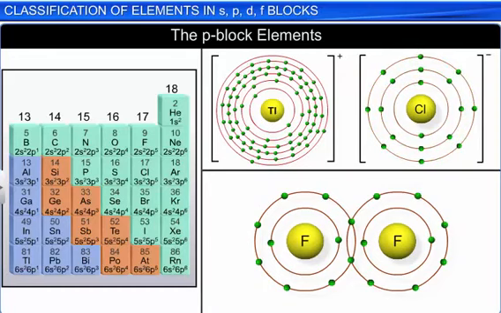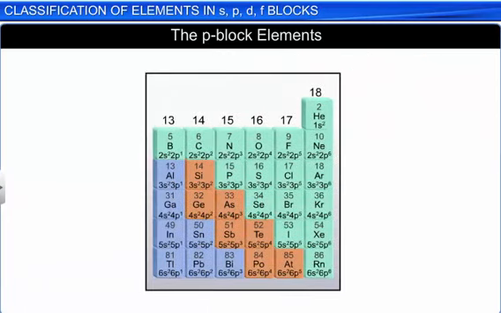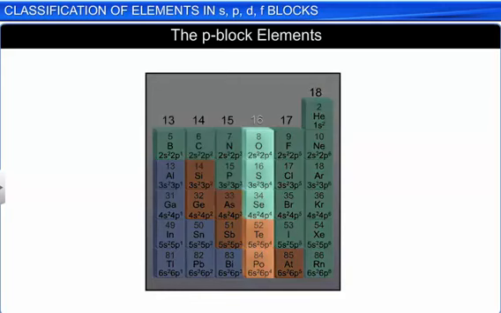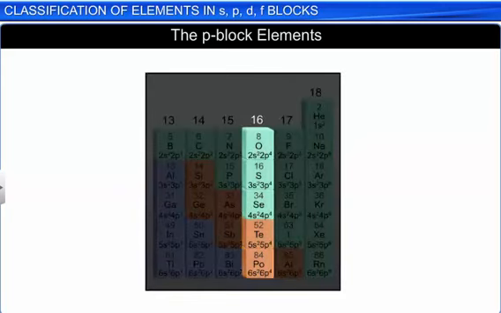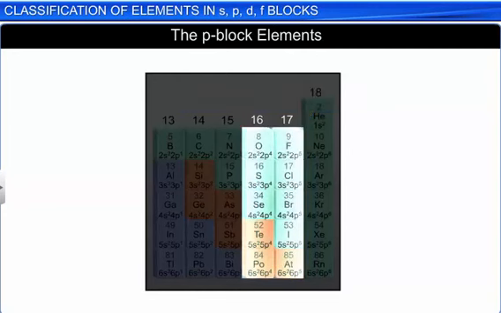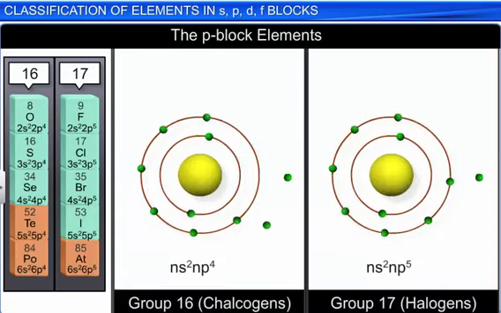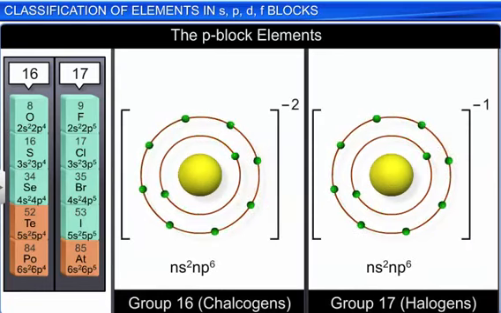Two chemically important groups of p block elements are Group 16, the chalcogens, and Group 17, the halogens. The elements of these two groups have high negative electron gain enthalpies, and they readily gain 1 or 2 electrons to attain the stable noble gas electronic configuration, which is ns2 np6.